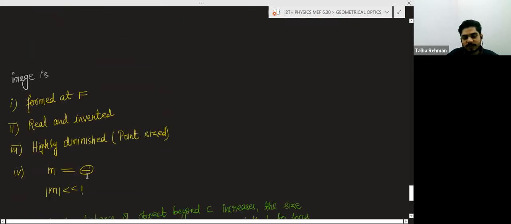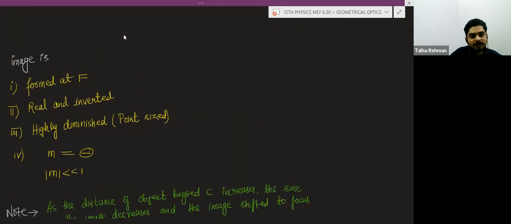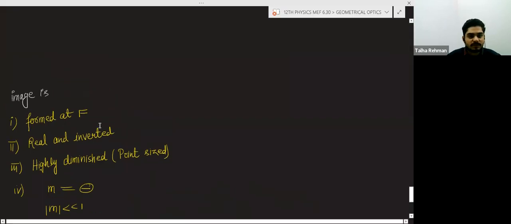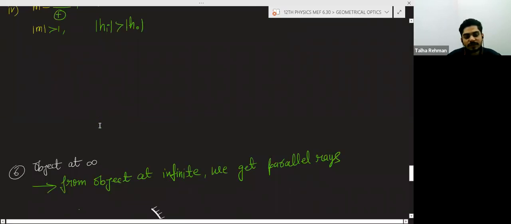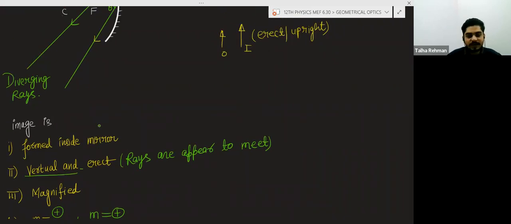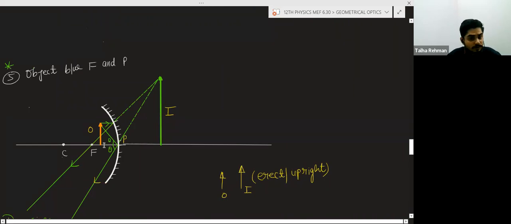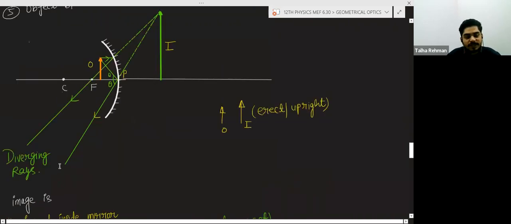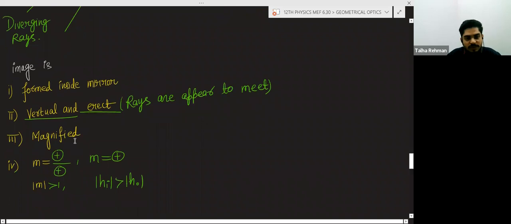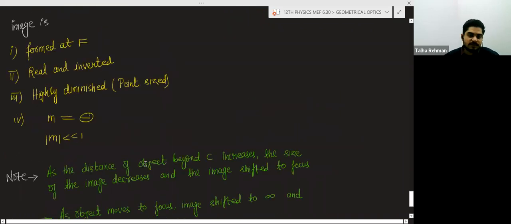And now you can observe that in this case, everywhere you are getting real and inverted images, but when you are placing the object between focus and pole, you are getting the virtual and erect image. As the object moves to the focus, the image shifts to infinity and size of the image increases.